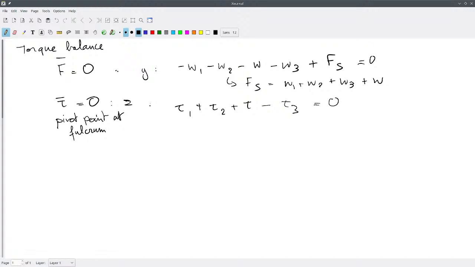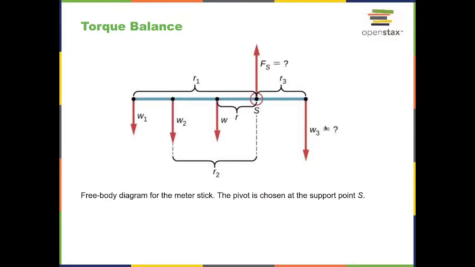And now of course it becomes a matter of plugging in the distances. So the distance from the pivot to the force to the weight 1 will be R1. So this will be R1 W1 plus R2 W2 plus R times W minus R3 times W3 will have to be equal to 0. And we're trying to solve for W3 as a function of all of our R, R1 and R2 and the weights.